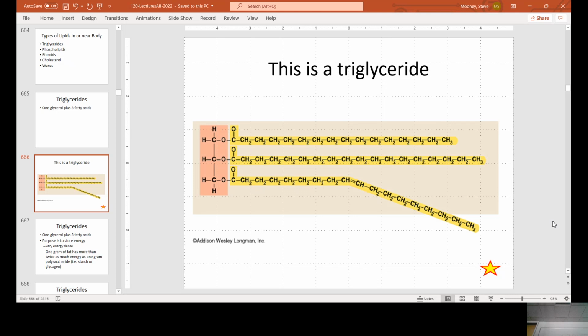They vary in the number of double bonds that are there. So if we're looking chemically up here, we have 2 saturated fatty acids varying in length. Right here, we have an unsaturated because we have 1 double bond in there. So that would be a monounsaturated fatty acid.